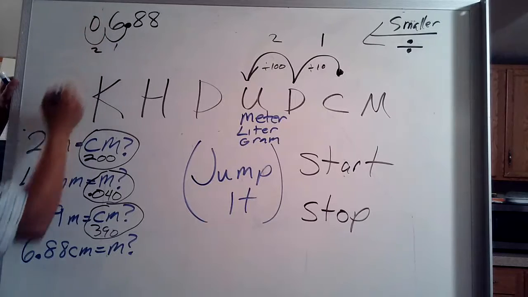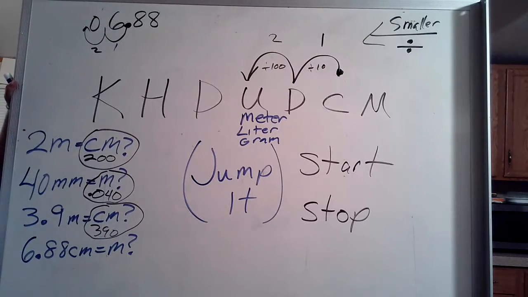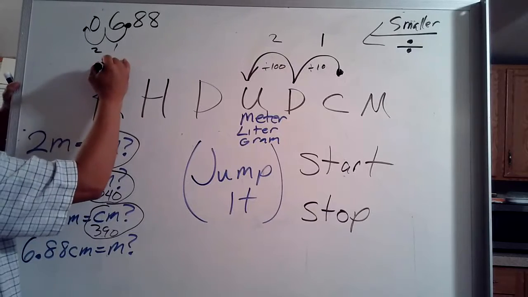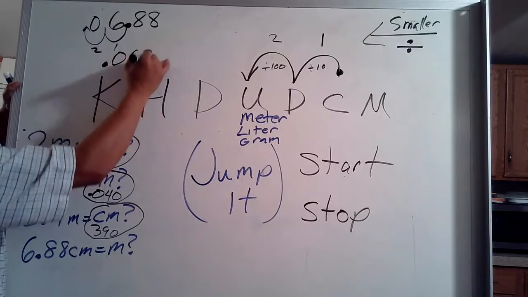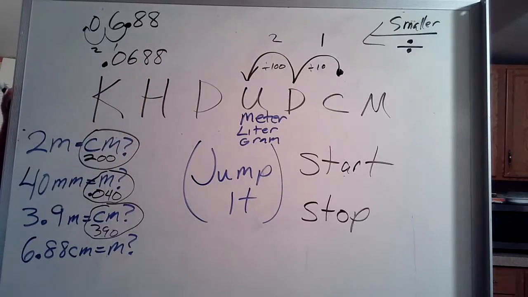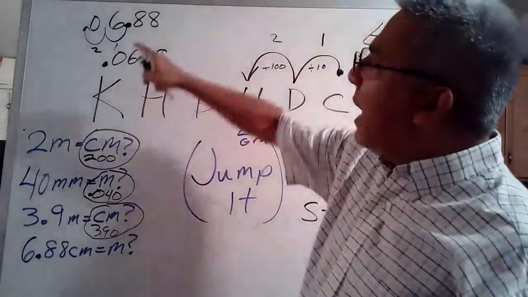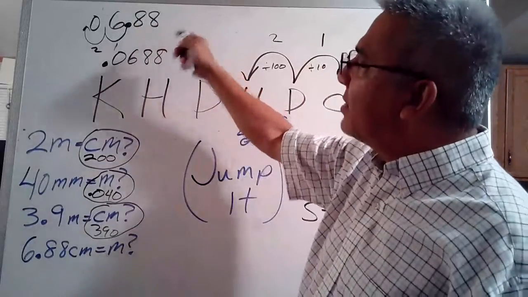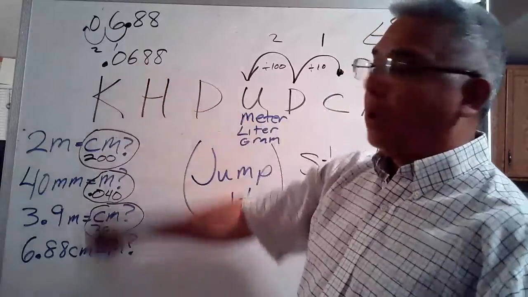So let's put a 0 there to hold it down. Now what do I need to do? Rewrite. This turns into decimal 0.688. Now if you think about this like money, it says, hey, we started out with $6.88, but then when we jump it that way, we're not even a penny.